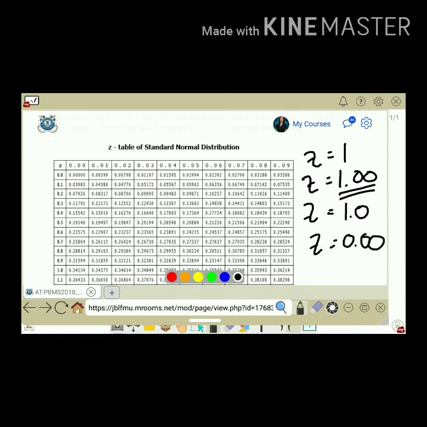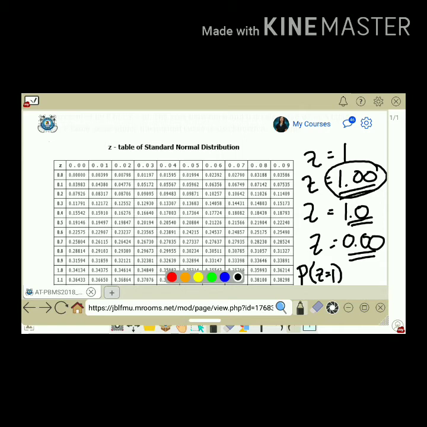Why is it important that we break that one? Because we will use the tenths part with the whole number, and the hundredths part, to locate your area. So what is the area for this one? P, that is probability of z equal to 1, or simply P of 1.